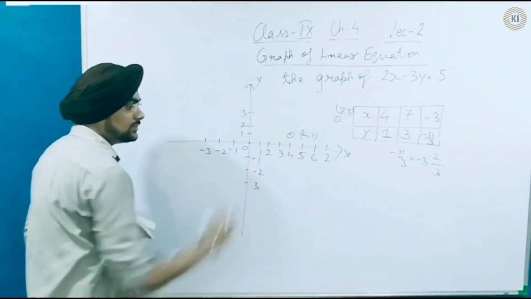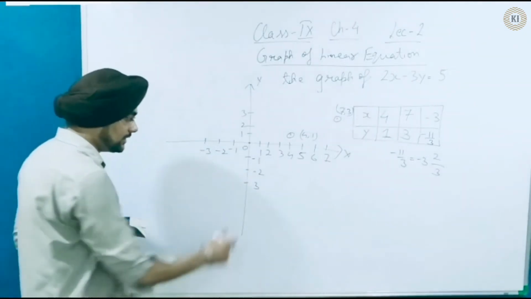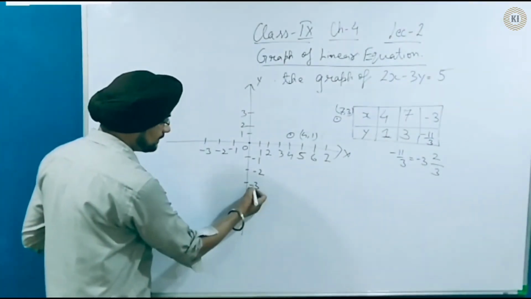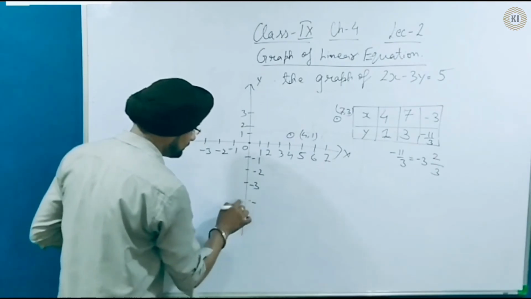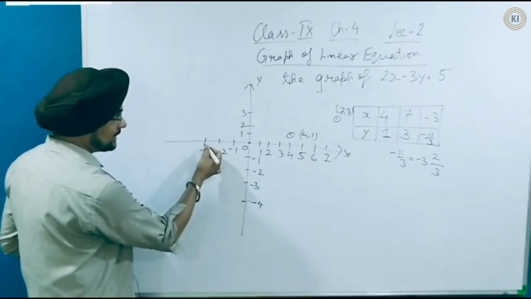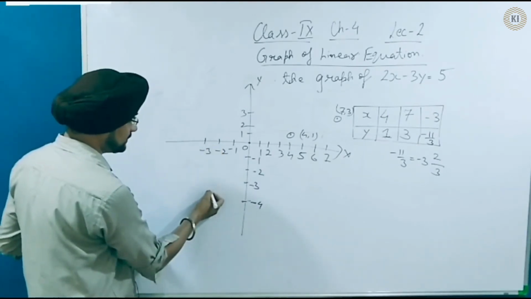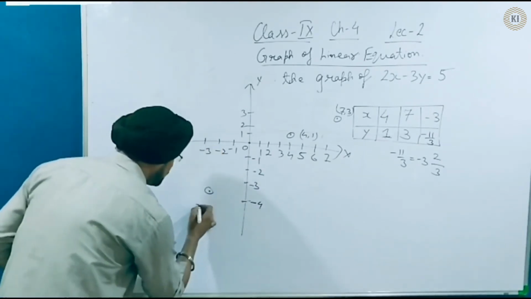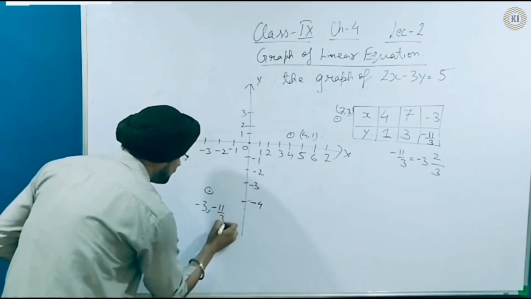It means the value is greater than 3 but less than 4. So we can say that the value is coming between minus 3 and minus 4, somewhere here. You can plot this value as minus 3 and minus 11 by 3.